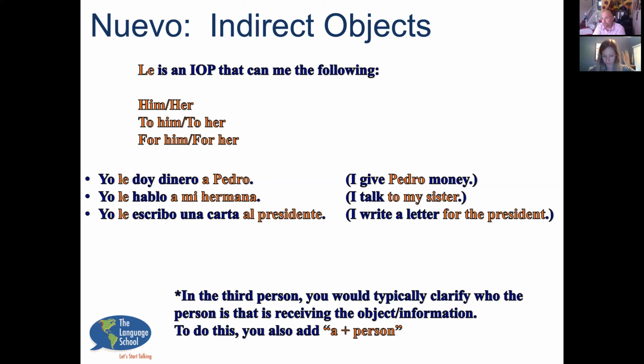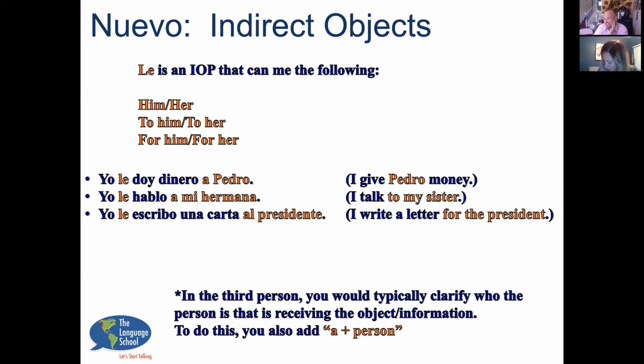So we've got the subject, that's the person that's doing it. In this situation, it's yo. And then you've got the person that's receiving these items. In the third person, as we've seen in the past with learning the subject pronouns, that's where sometimes people use these words a little bit more, to specify exactly who they're talking about by adding the words a plus the person, right?